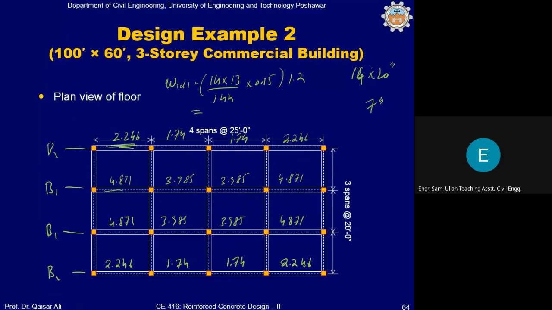What's the value? 0.2275, almost equal to 0.23 kip per foot. So you have to add this value to all these values to calculate the total load acting on these beams.